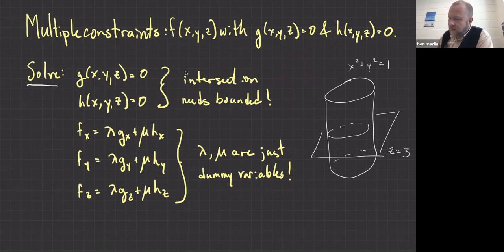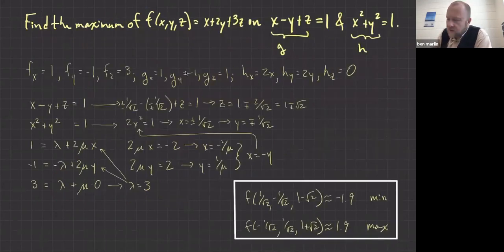So, quick example of that. We're going to look at the maximum for this f of x, y, z equaling x plus 2y plus 3z. And we're going to be on this plane here and this circle here. So, kind of like what I just drew a quick sketch of, right?